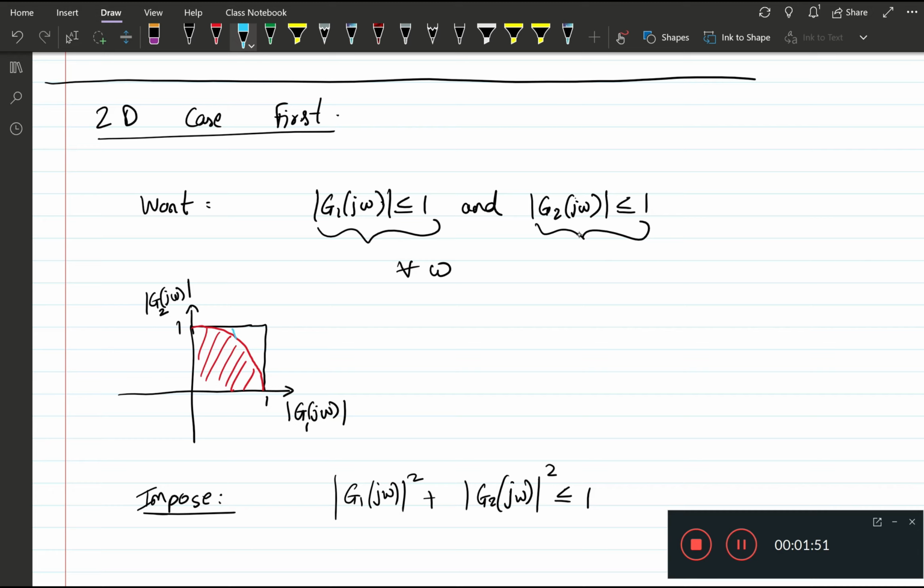The remaining region is the amount of conservatism that we add. Clearly, if you are inside the circle, you're also inside the box. So if we impose this condition, we clearly get what we want, but we impose a stricter condition in that some points which could have been okay are now not okay because of the stricter condition.